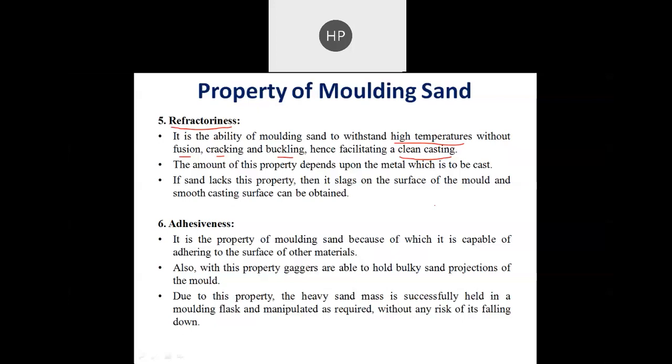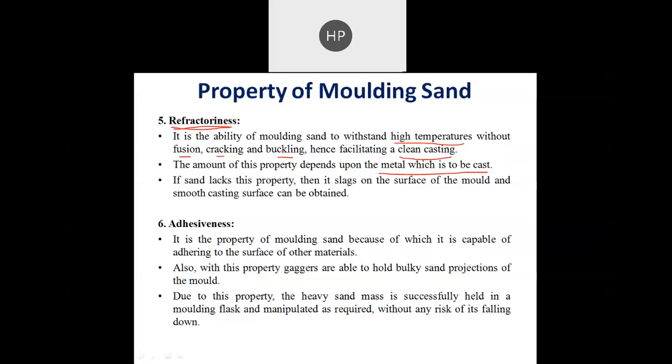So that is the very good property of the sand, and that property is known as refractoriness. The amount of this property depends upon the metal which is to be cast. For a higher temperature melting metal, the refractoriness required may be different compared to a lower temperature metal.